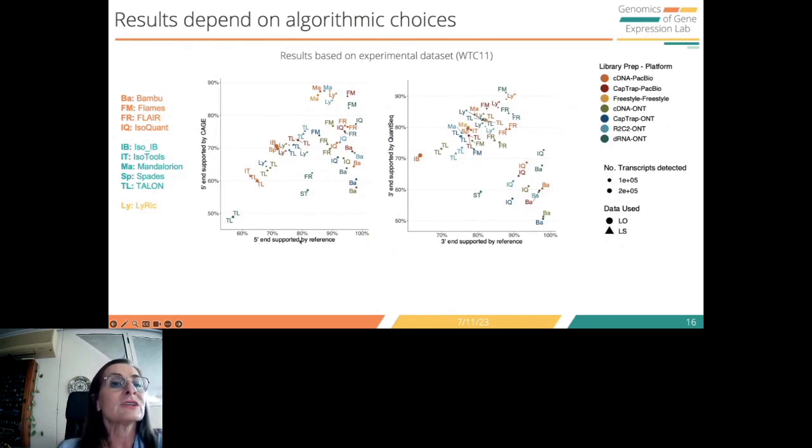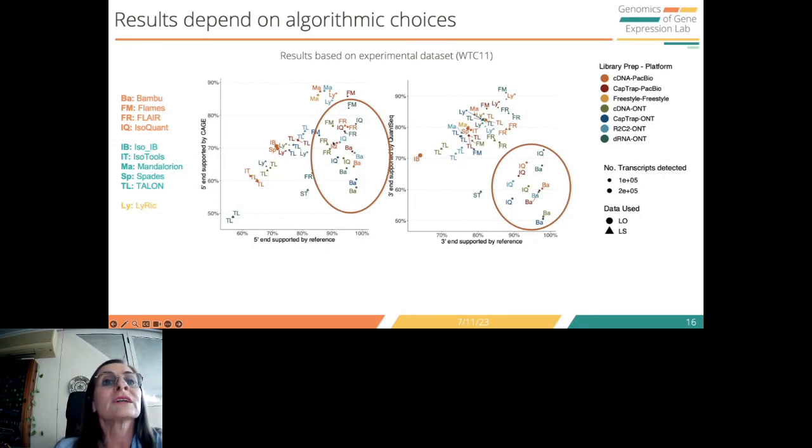So here I'm representing how well the 5' end is supported by the reference annotations, a little bit like in the previous plot, versus how well it is supported by the orthogonal data on the same sample, both for 5' and 3'. And what we see is that, again, these tools that were using the reference a lot are very well supported by the reference.